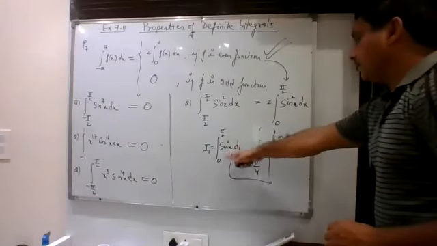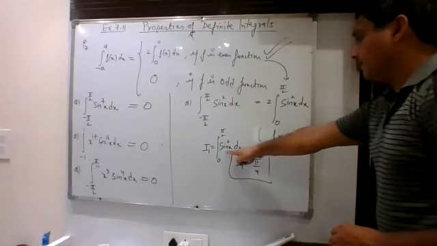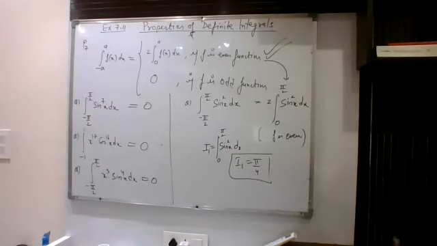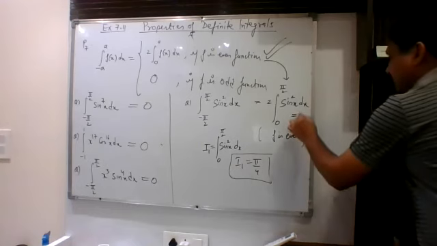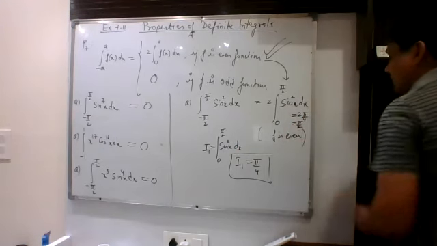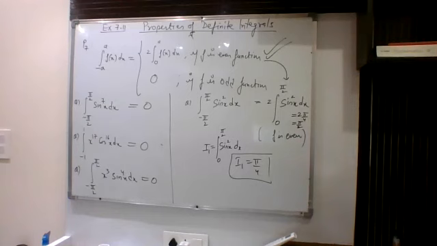This can be done by the P4 property, because when you apply P4, it will become cos square x, adding 1 and 2, it will just become dx. Then we'll get this as the answer. Now if I substitute the answer, then your final answer will be 2 into pi by 4, so that is pi by 2. So for this particular question, your answer will be pi by 2.